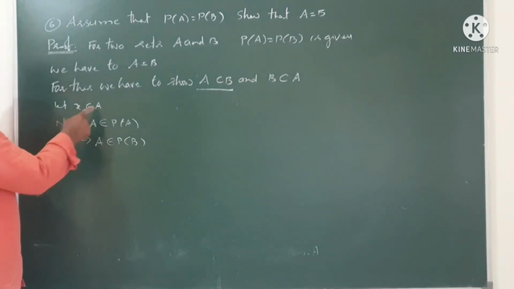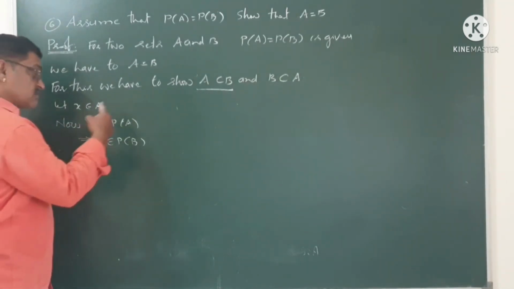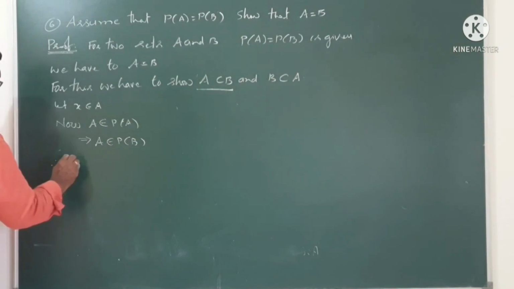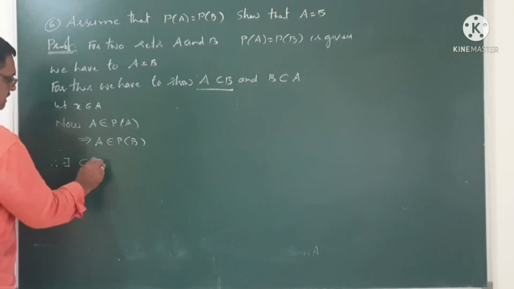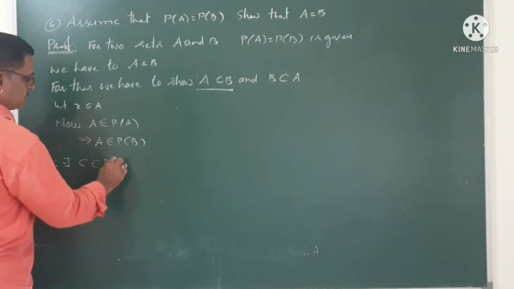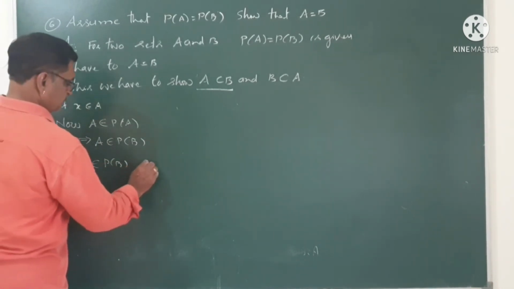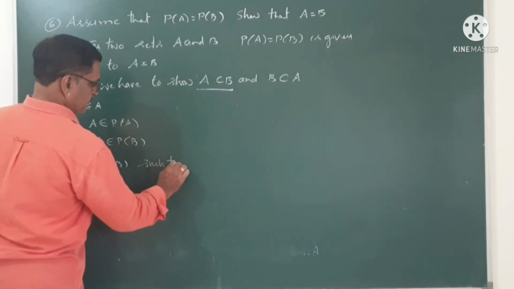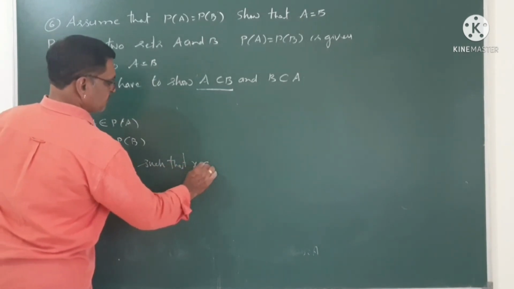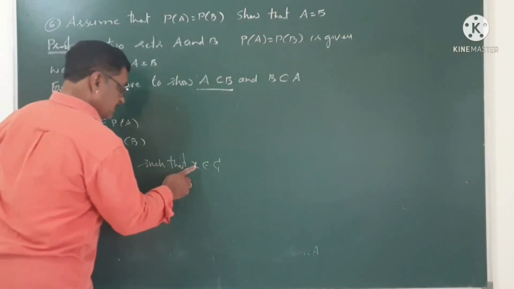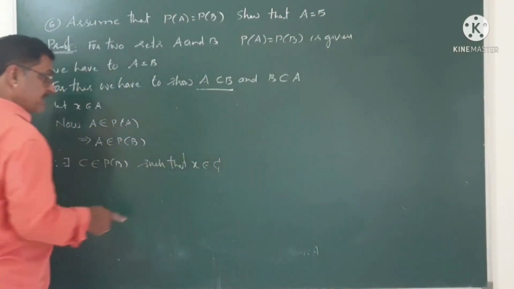That means when x belongs to A and A belongs to P of B, there exists some C belonging to P of B such that x belongs to C. Therefore, x must belong to B. Why?